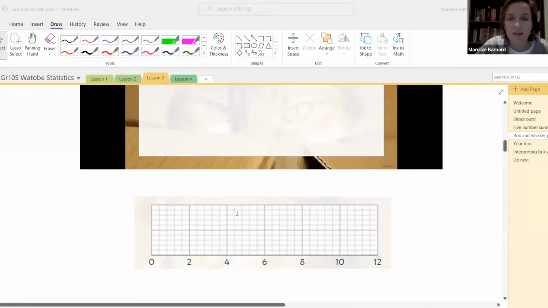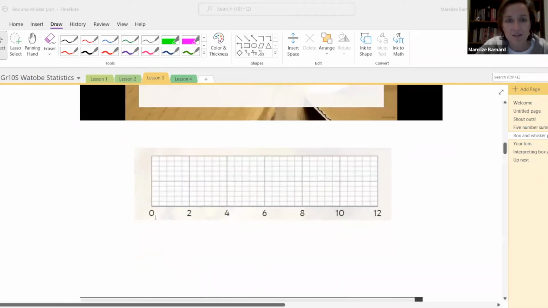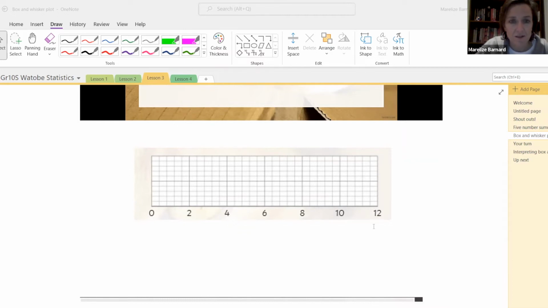You need to draw a line that's about 6 centimeters long and let 1 centimeter equal 2 units. Just look at the one that is on the screen. I've got a line and it goes from 0, 2, 4, 6, 8, 10. So my suggestion is that you do, yeah, that's right, Shiraz.